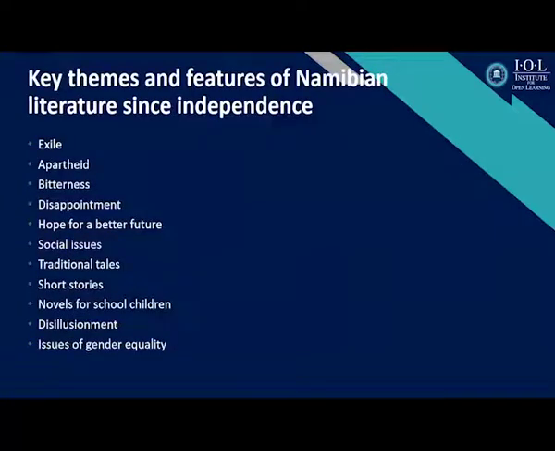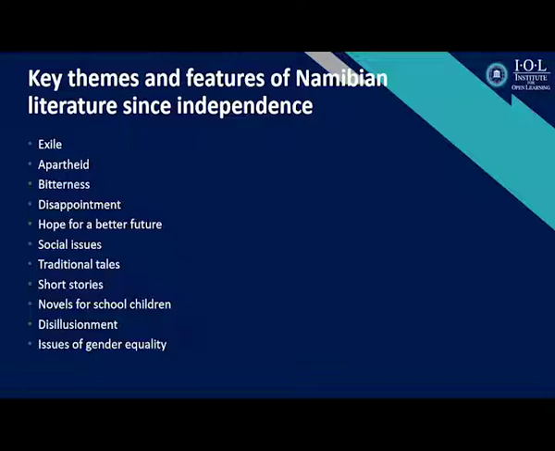Moving on, when it comes to Namibian literature, we have some key features and themes that are found in Namibian literature since independence. After Namibian independence, if you read most books or poems, you will find that these books are all aligned to certain themes.